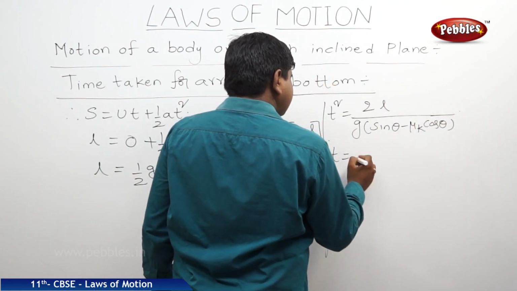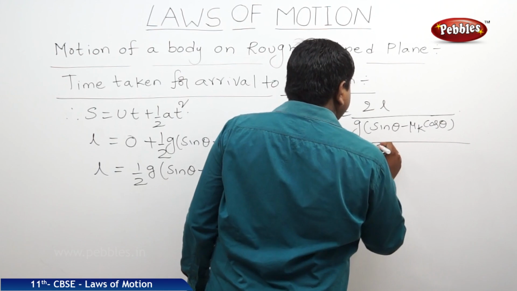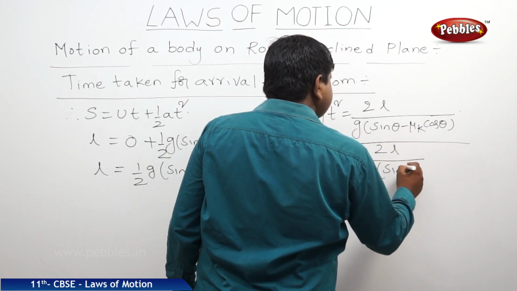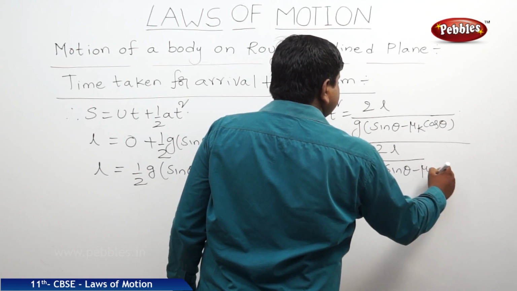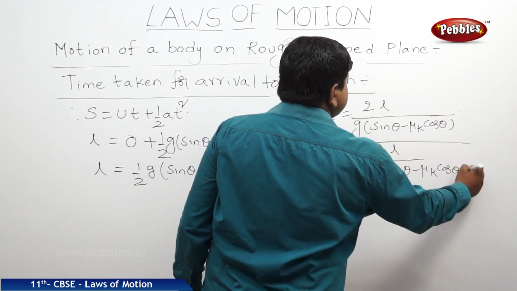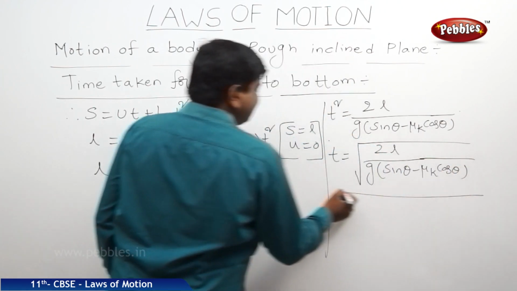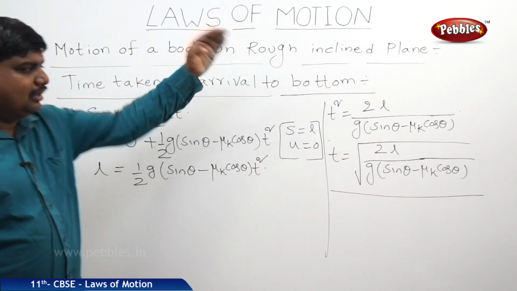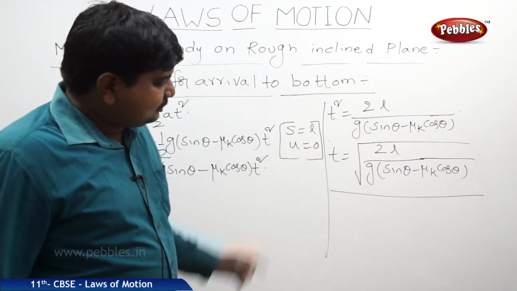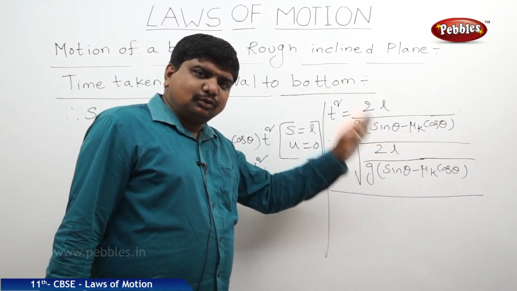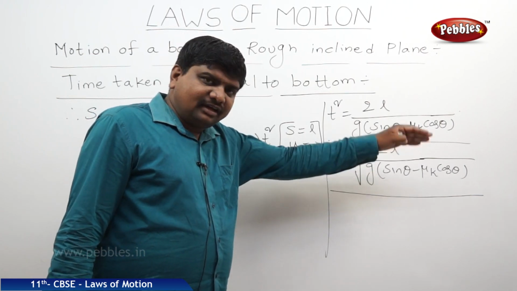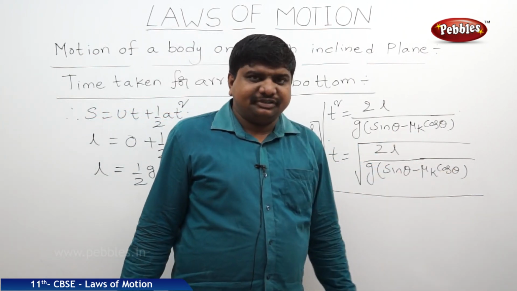Therefore, t is equal to square root of 2L by g (sin theta minus mu k cos theta). So this is the time taken for a body to reach the bottom while it is moving on a rough inclined plane. Previously in the example we got 2h by g. Here we are including the angle of inclination and the frictional coefficient also.